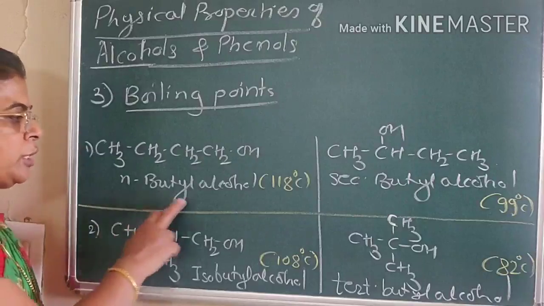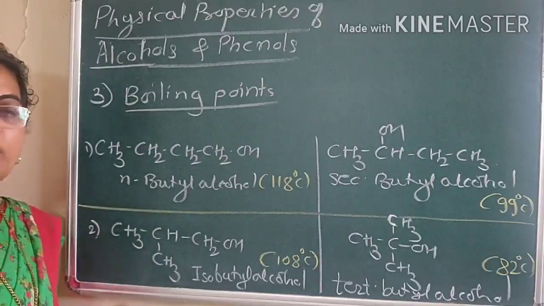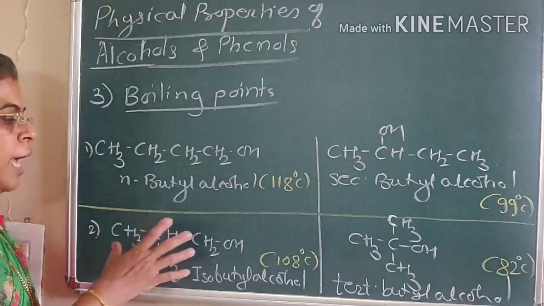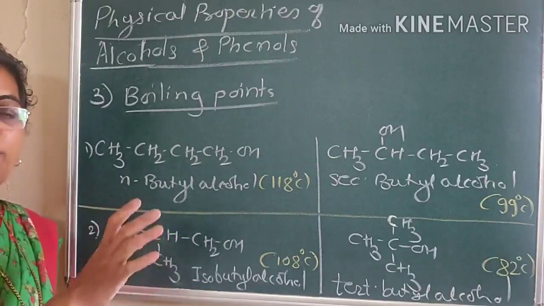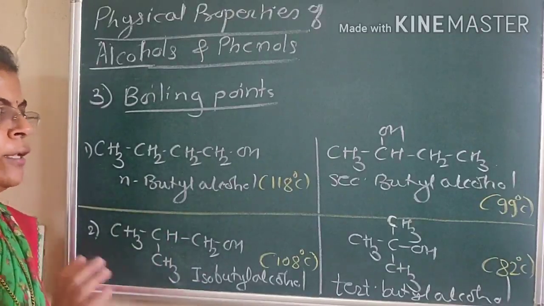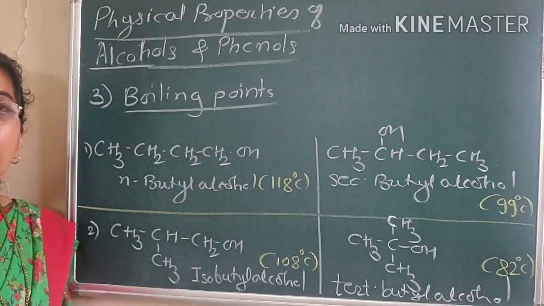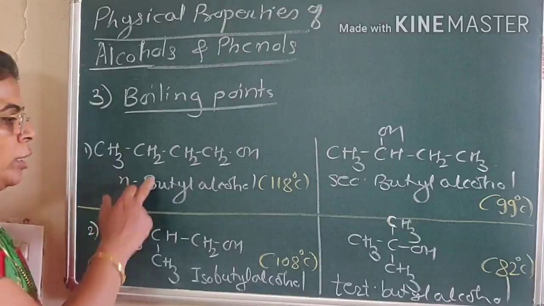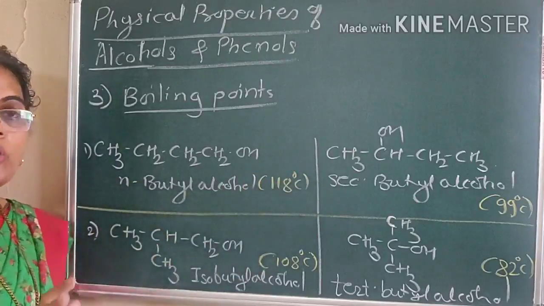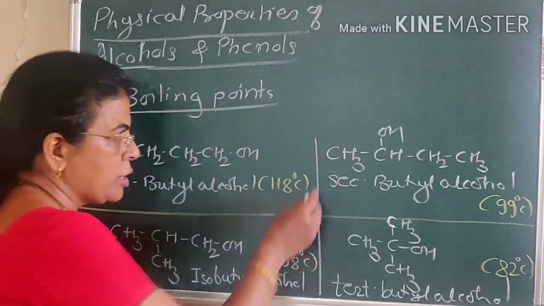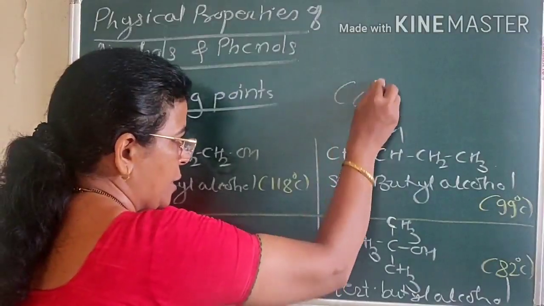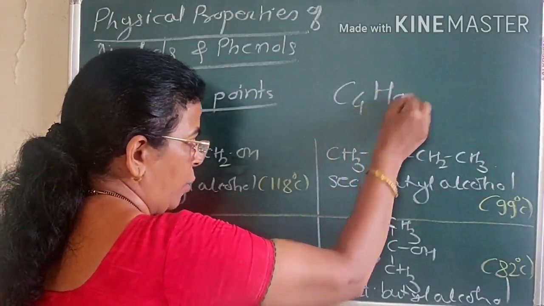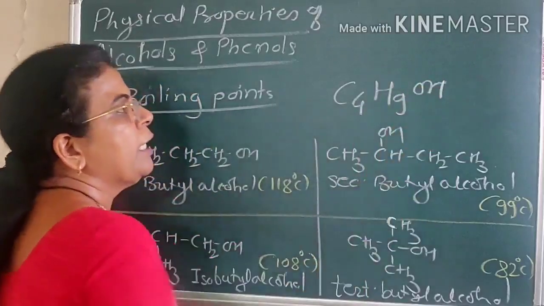In case of straight chain alcohols, the surface area is more, therefore the boiling point is higher. But as the branching increases, surface area decreases and therefore the boiling point also decreases. Now all these four compounds are isomers of each other. They have the same molecular formula, that is C4H9OH or C4H10O.